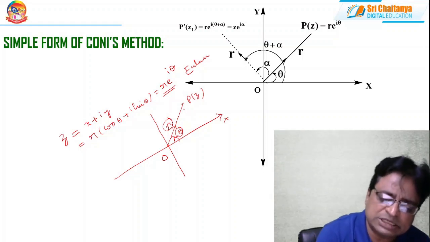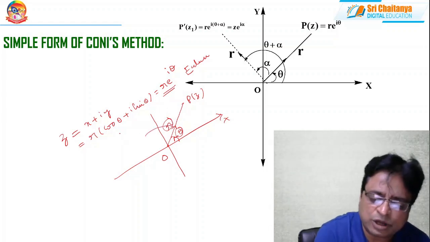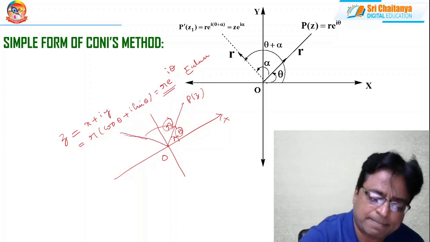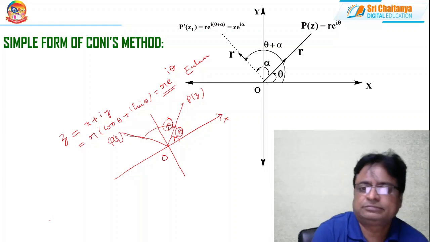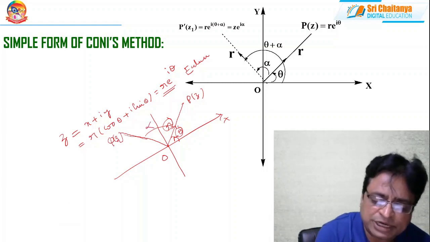Now what I am doing is, I am just rotating this through an angle alpha. So the new position of this vector is like this. Let it be Q. Say this is Z1. I have just rotated the same vector through an angle alpha in the same anti-clockwise direction.